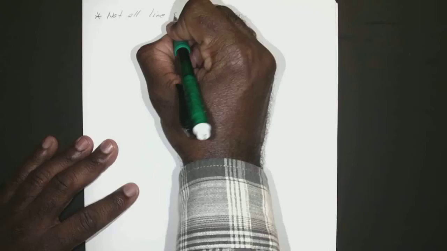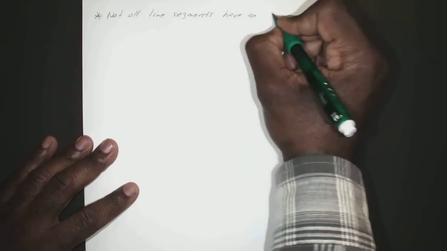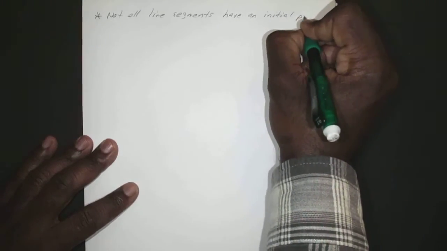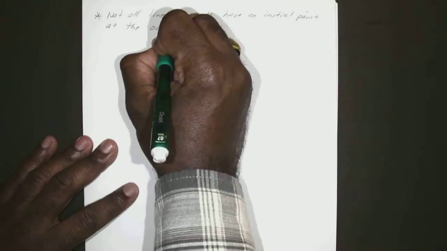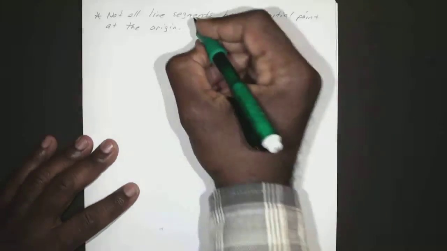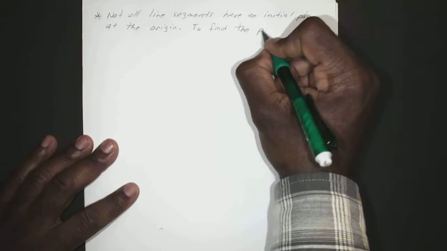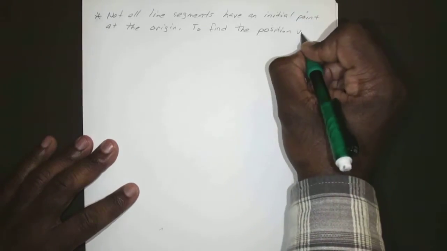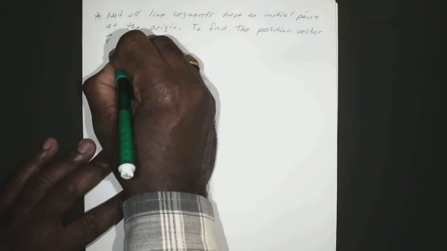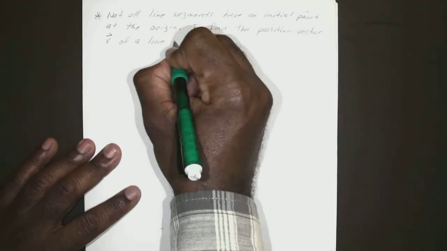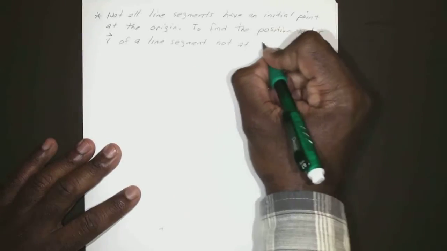Okay, so not all line segments have an initial point at the origin. Okay, so in order to find the position vector v, that's our v vector, of a line segment that is not at the origin.